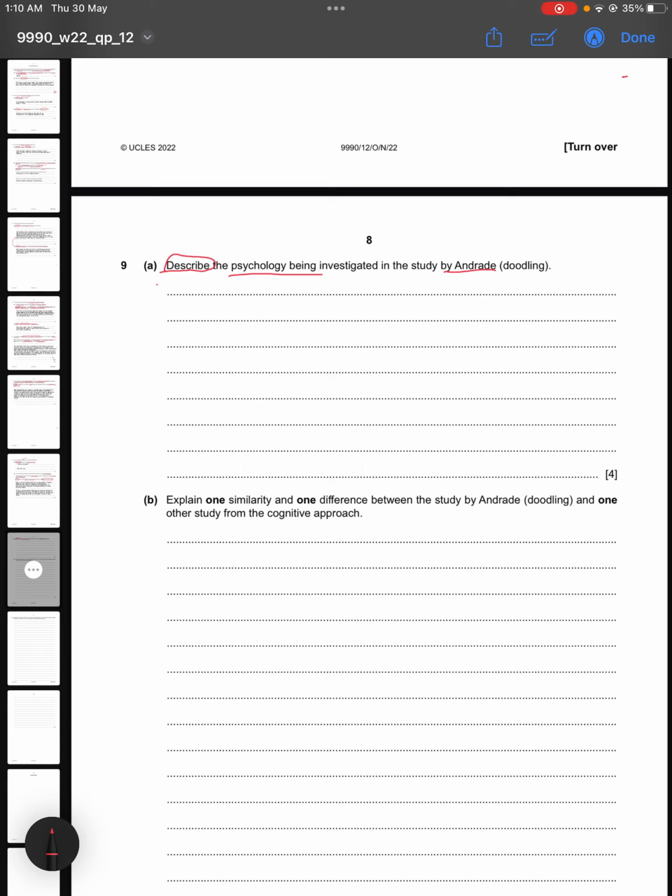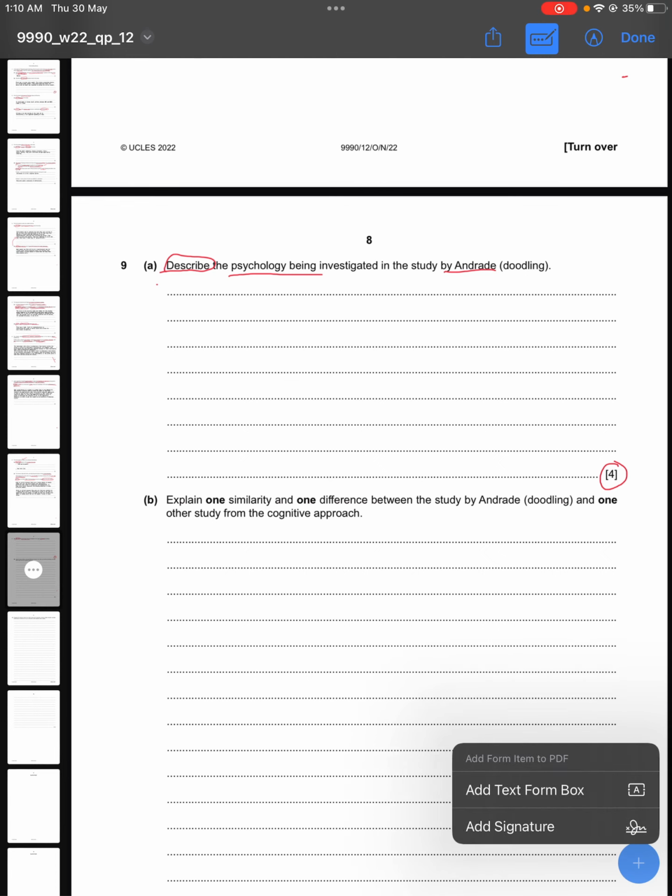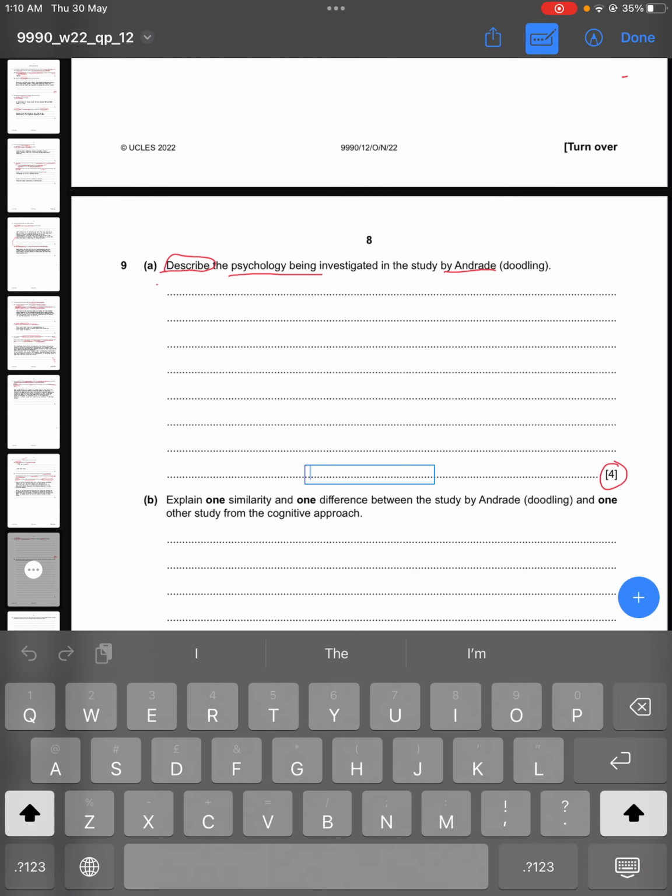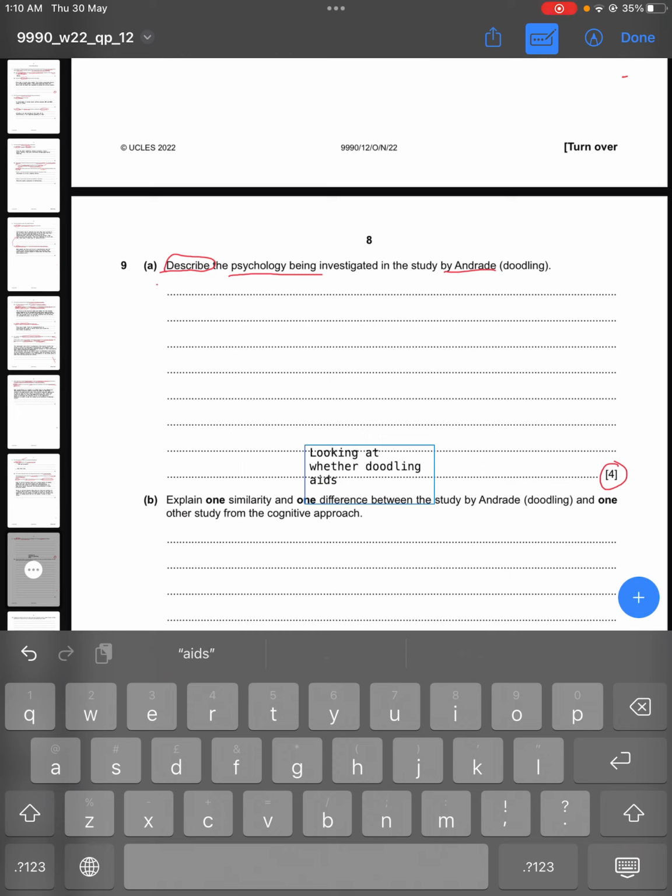If this question says describe and it is for 4 marks, you need to write 4 points, because you're going to get 1 mark per correct answer. And in this you can write any 4 points from the study, from the background of the study, which can be that the background of the study was looking at whether doodling aids our concentration and cognitions or not.